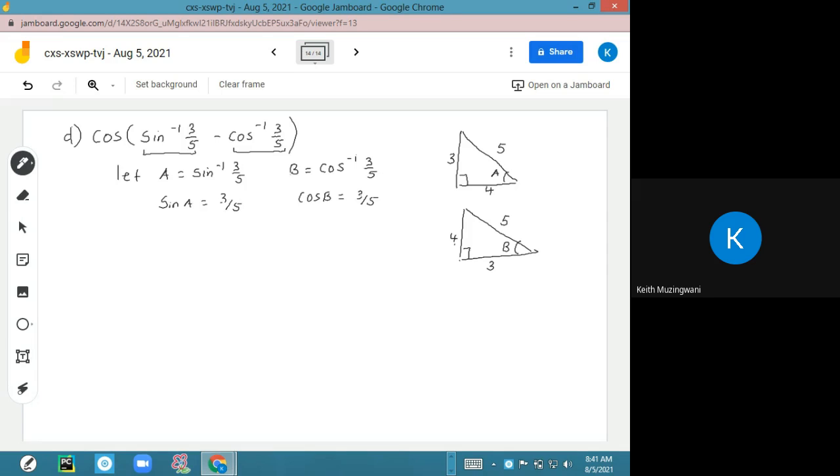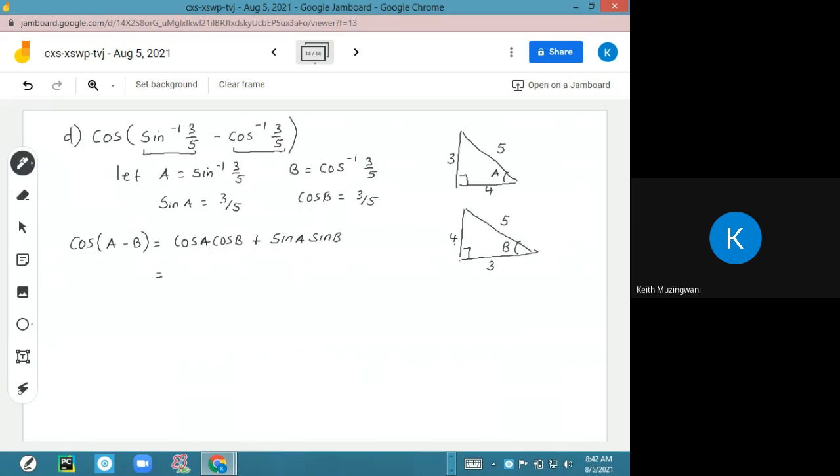Meaning, when we go back to cos, we put A and B here and say this is cos A cos B plus sine A sine B. So what is cos A?